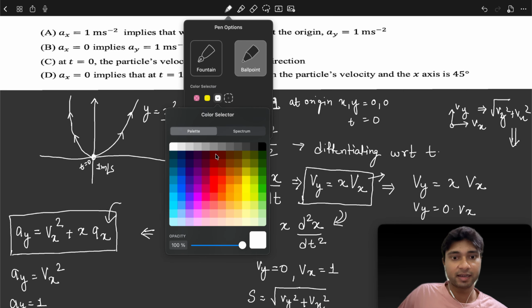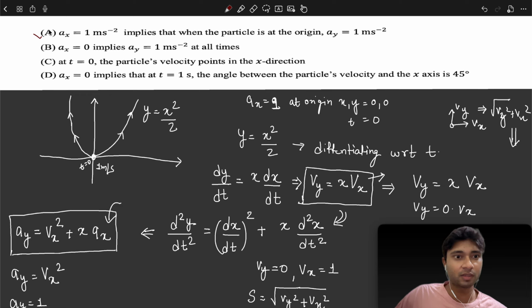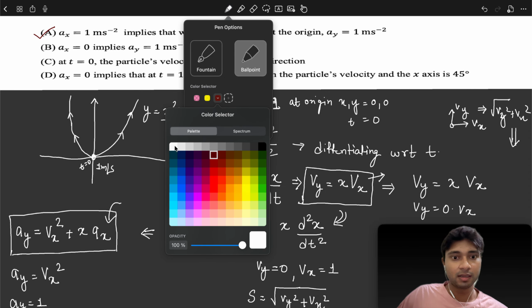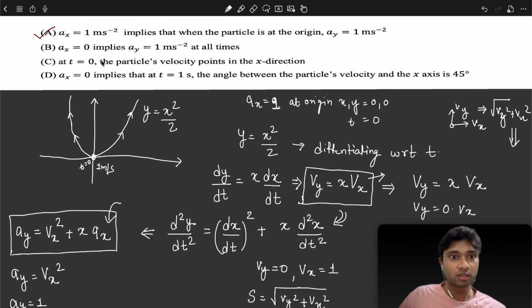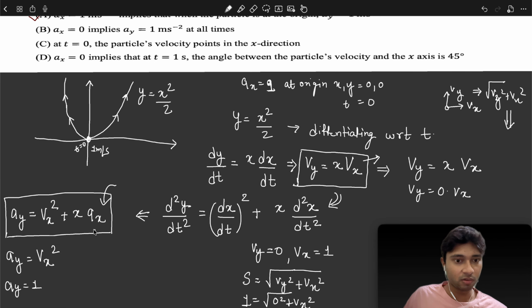Then this condition is correct. A is correct, so we can mark it. But as I told you, this was multiple correct, so let's go for the other options as well. Ax is equal to 0 implies Ay equal to 1 meter per second square at all times. If Ax is 0, we can say Ay will be equal to Vx square.